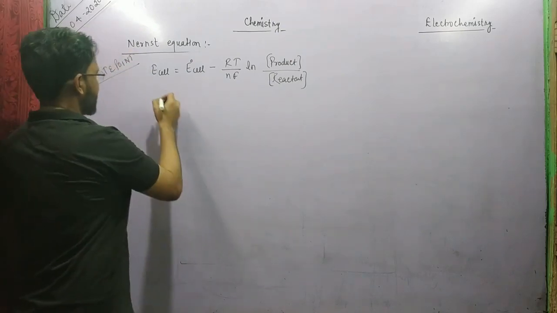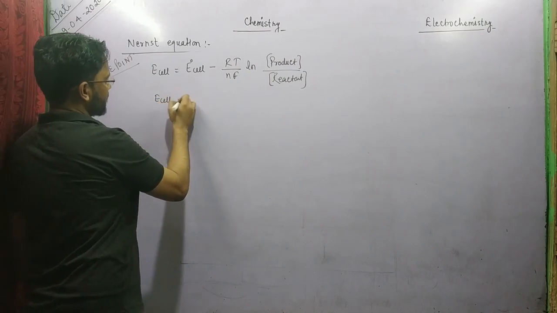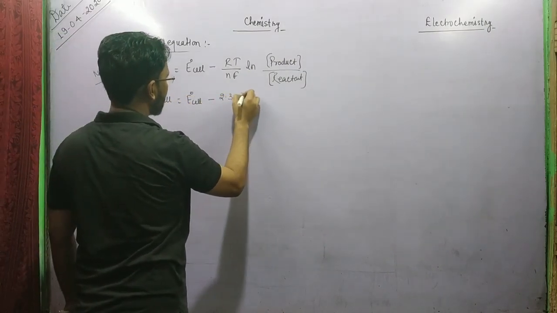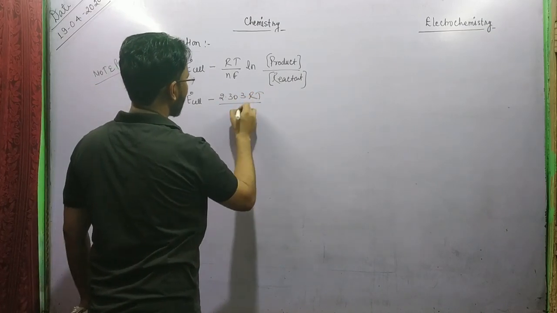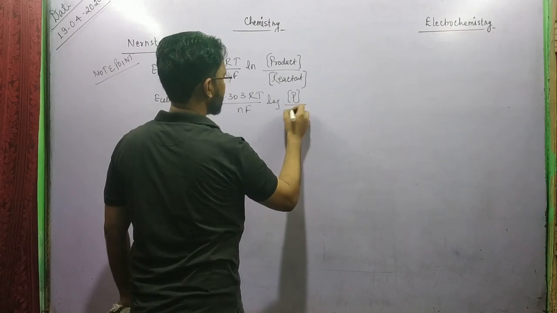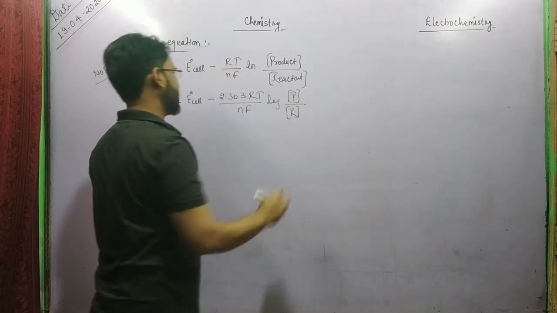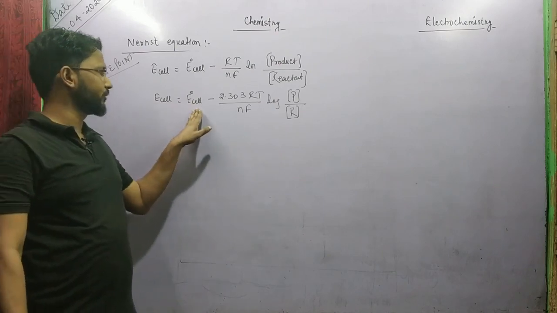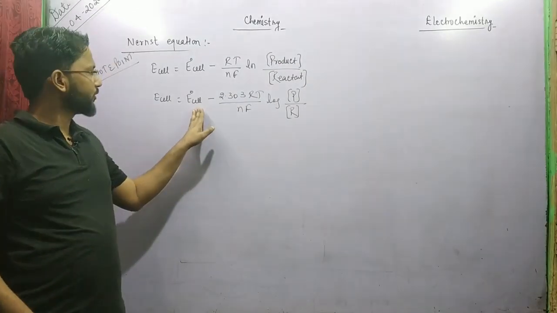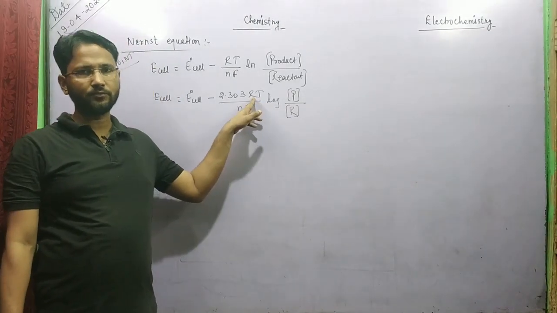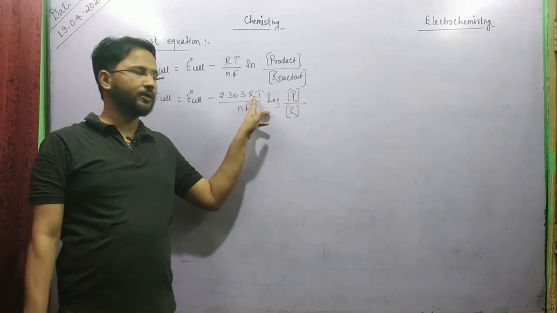Or E_cell equals E°_cell minus 2.303 RT over nF log of product concentration over reactant concentration. And see all the terms. E is electrode potential, E° is standard electrode potential, R is the gas constant, and the value is 8.314 joule per Kelvin per mole.